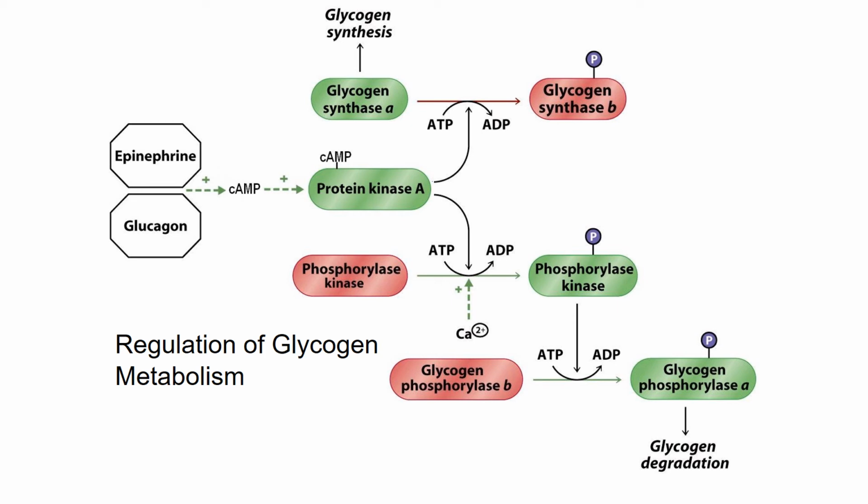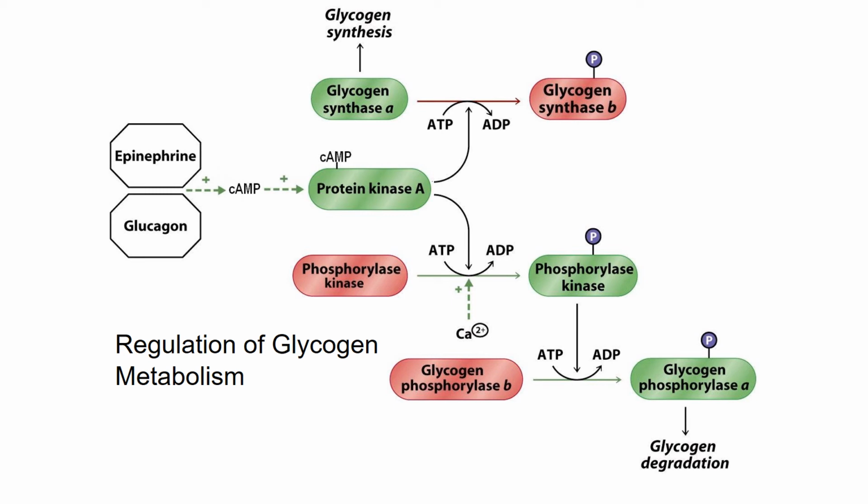So we would be synthesizing glycogen. However, hormones also play an important role, not only in the regulation of glycogen metabolism, but also the control of other metabolic processes. But we're going to look right now at glycogen control.